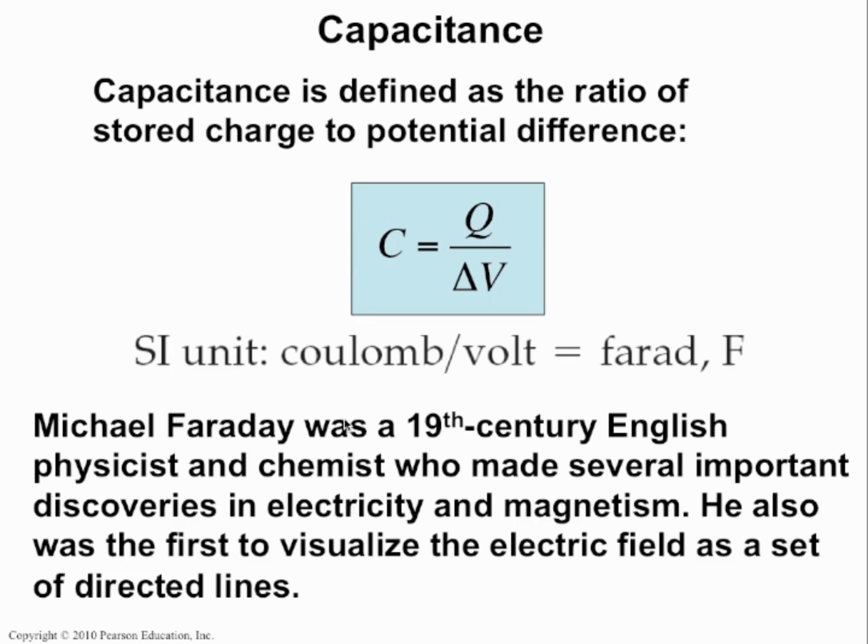Faraday was a pretty amazing guy because he was from a poor family. He received very little schooling, and he wasn't even able to take higher math like trig or calculus. He was just a natural scientific genius, and he was a great experimenter.